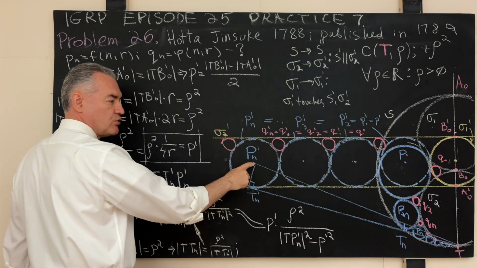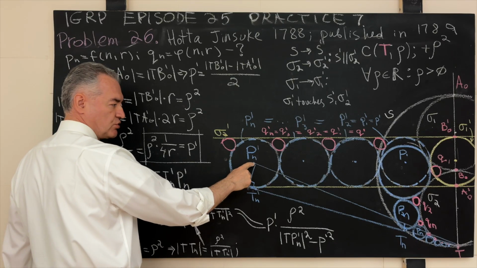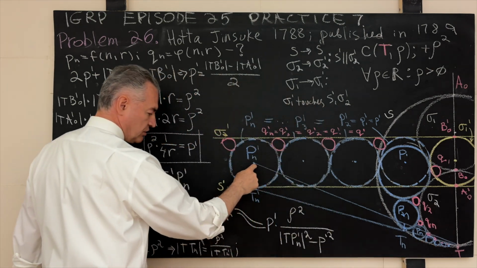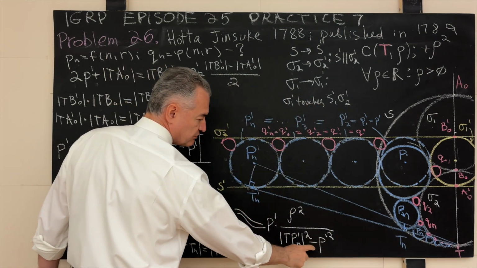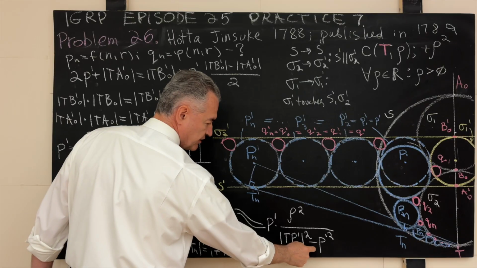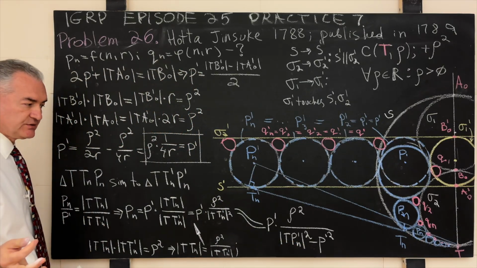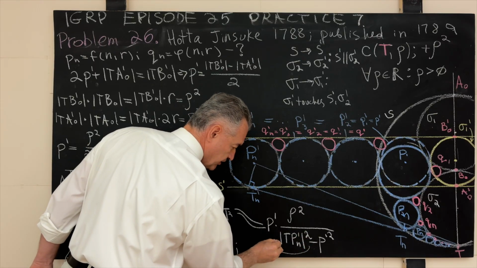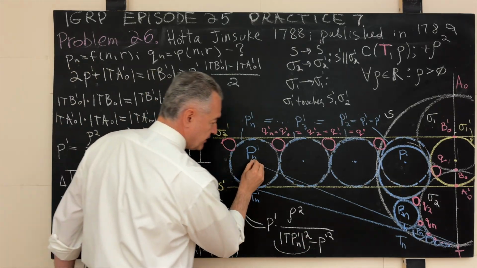Remember, that's the power of a point with respect to a circle. That is how we define it. But the square of the radius of the circle is already known to us. Game pretty much over, except that we need to fight the fight with this quantity, with this distance.